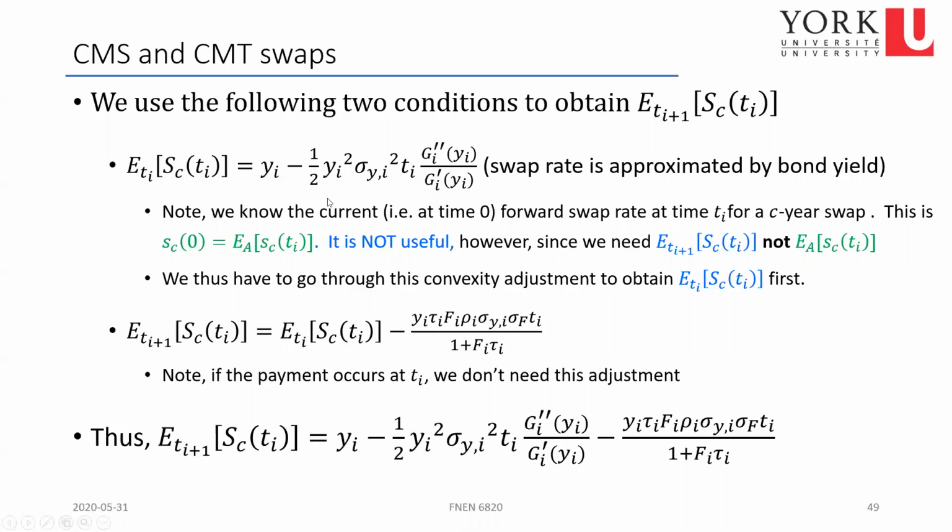So it's not advisable to actually try to take the forward swap rate and try to use it. So instead, take the forward price of a coupon bond and do the convexity adjustment.